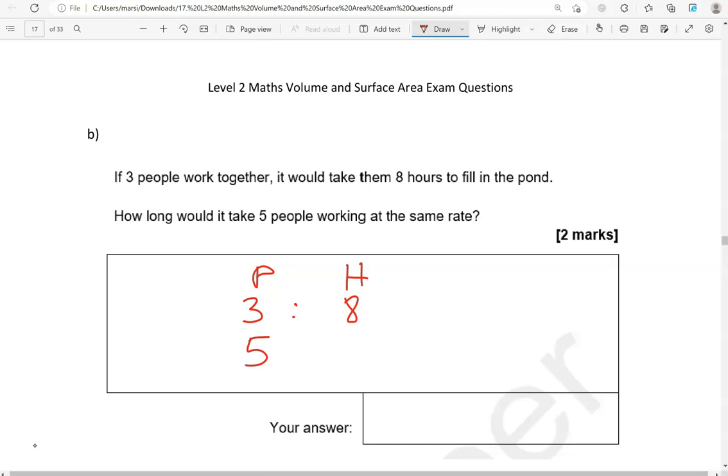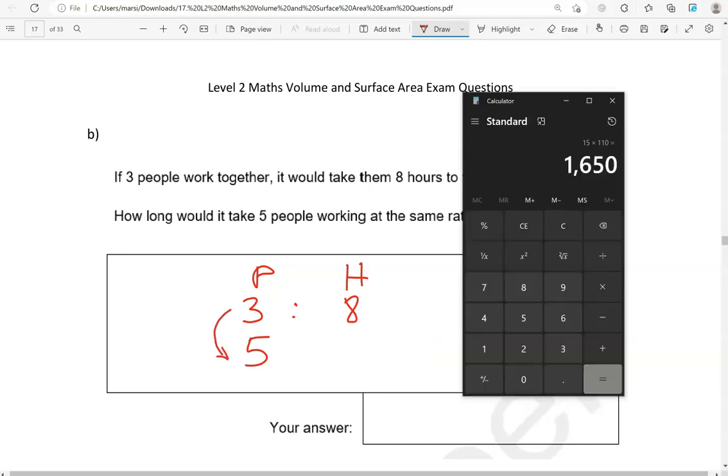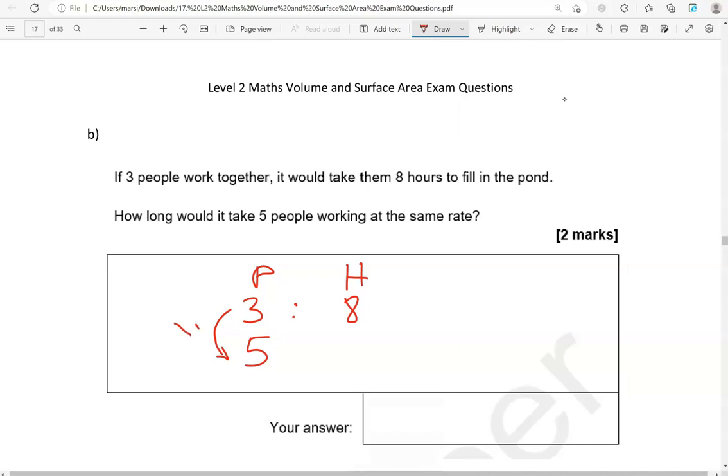So the more people get involved, the less time it will take. So this is inverse proportion. What do we multiply 3 by to get to 5? So 5 divided by 3, which is 1.67. So I'm going to keep that as it is there.